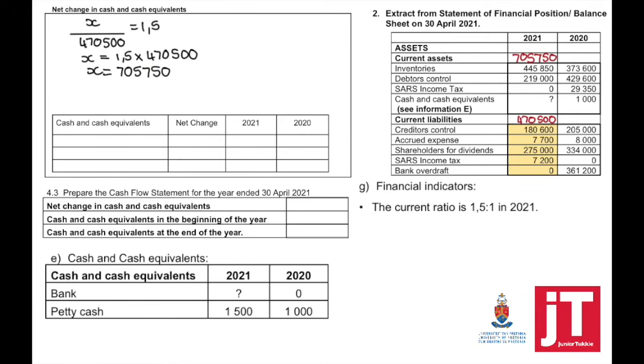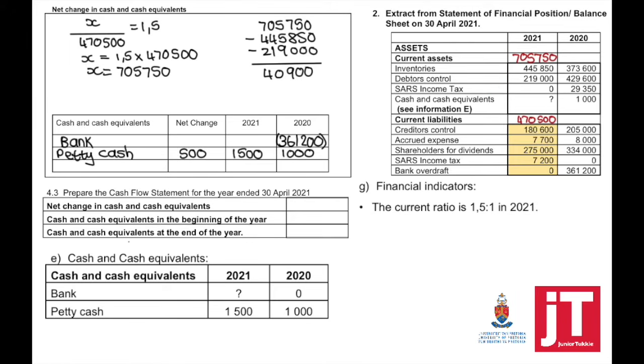Now that we've got our current assets, we can find the cash and cash equivalents. If you look at the balance sheet, we take the current assets minus inventories minus debtors control. Completing now the net change in cash and cash equivalents, I filled in the information which is given to me. Bank overdraft must be shown in brackets.